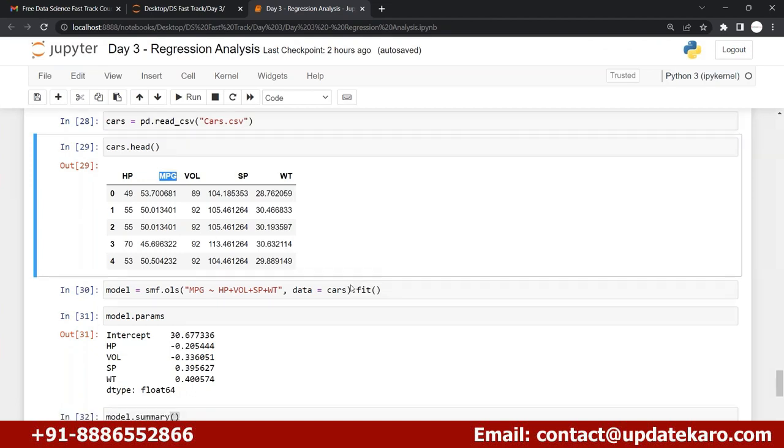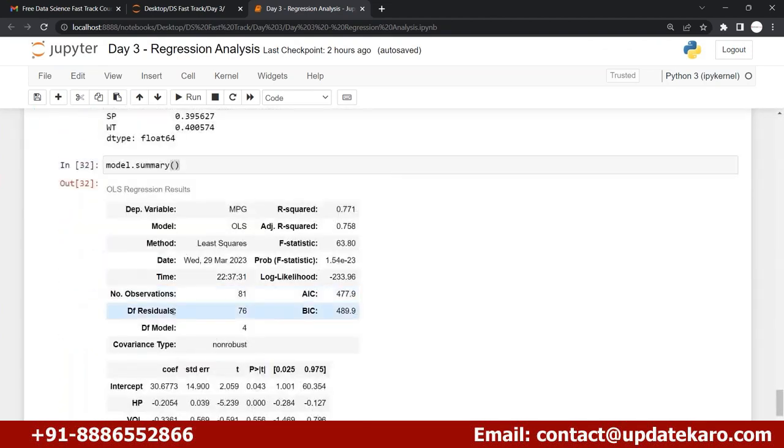Degrees of freedom for the residual is, again, a statistical term. To explain this particular term, we would need a lot of time to understand it, because it has a very deep meaning.